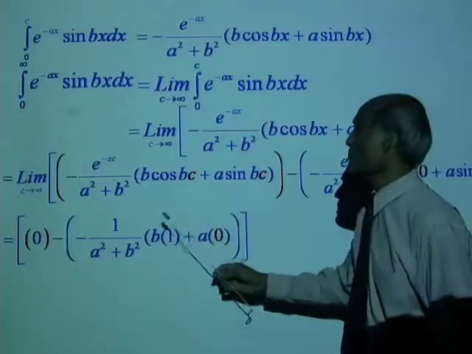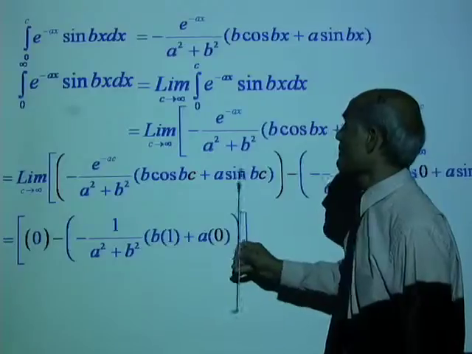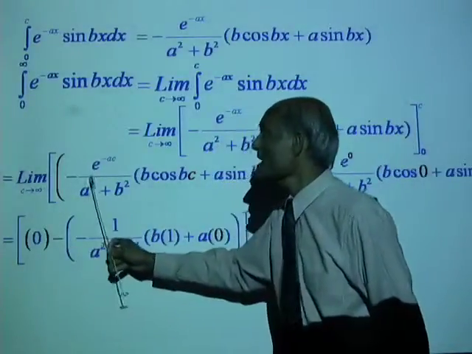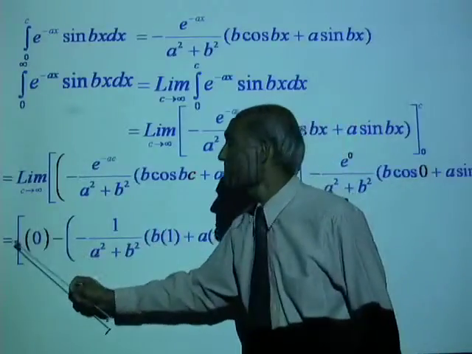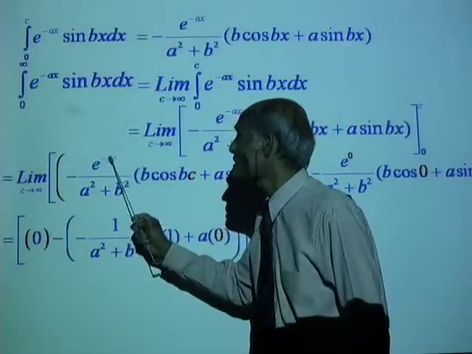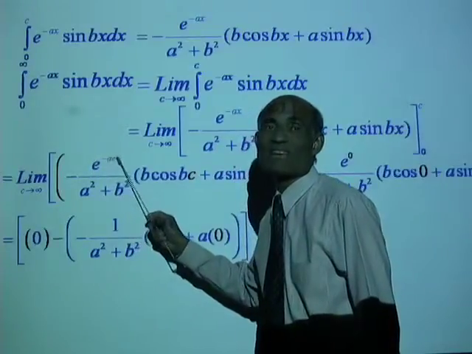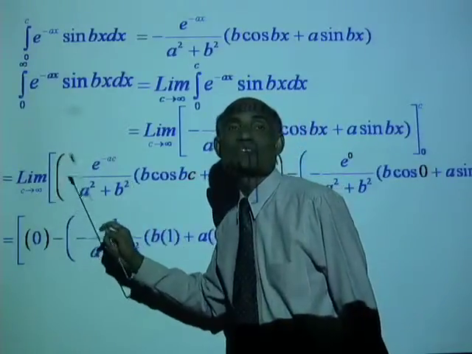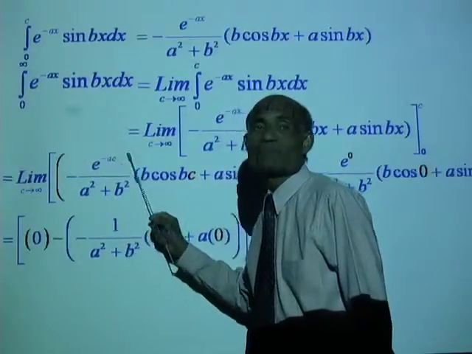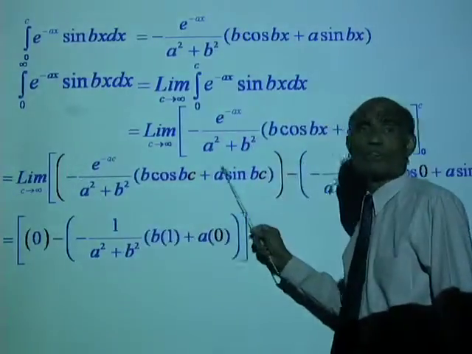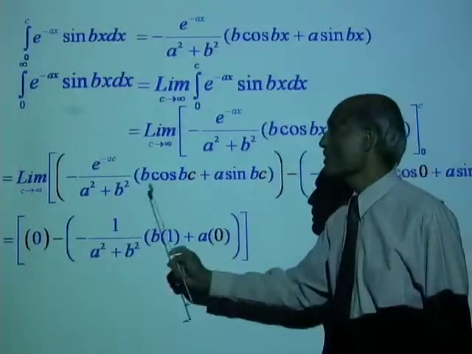Alright, so what will this be now? In the limit when c goes to infinity, let's apply the limit here. This is your c. What is e to the power of negative ac when c goes to infinity? The limiting value of this is 0. Because the limiting value of this is 0, it reduces the whole of this to 0.